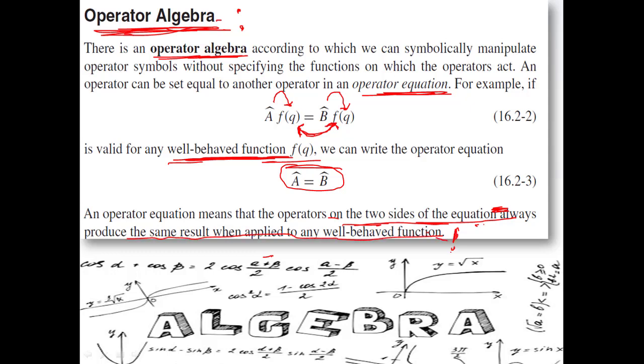So it must give the same result when two operators are operated on the same function. Then I can say that the function is well-behaved. This is not in our syllabus, but at least you should know that operators do have their algebra, and you have to do the operation on that function and find the value.